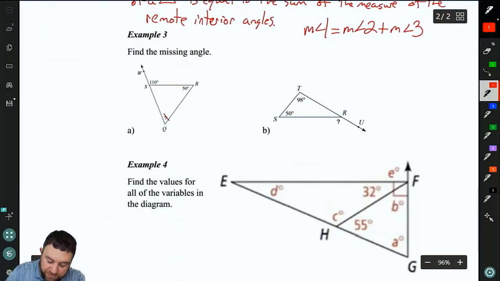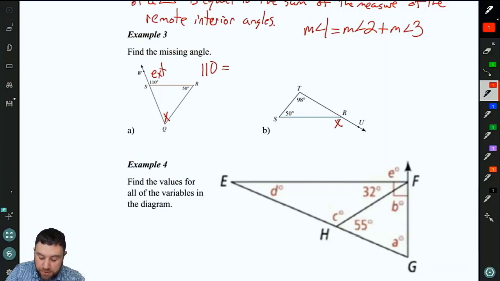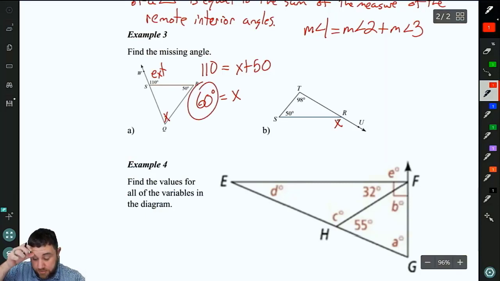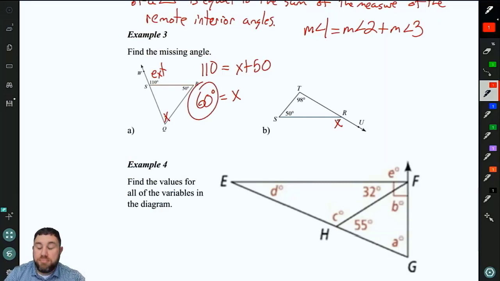So if we wanted to find our missing angles in example 3, we have the exterior angle, that's the 110, equals the other two added together, the remote interiors added together. So that's x plus 50. So x would be 60 degrees on A. On B, notice our exterior angle is the one that we don't know.